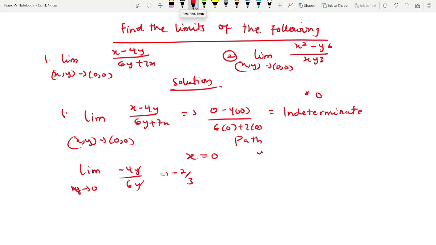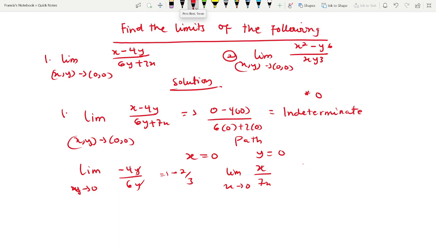So let me take another path. Let's say y equals 0. Wherever I see y, I'll put 0. I'm going to have x over 7x, the limit as x approaches 0.